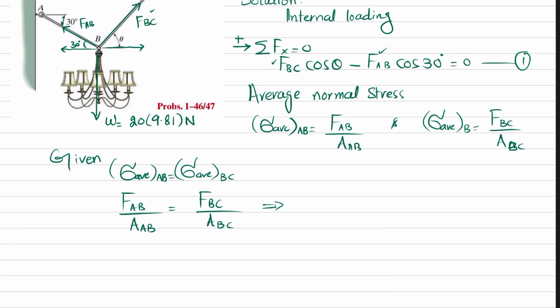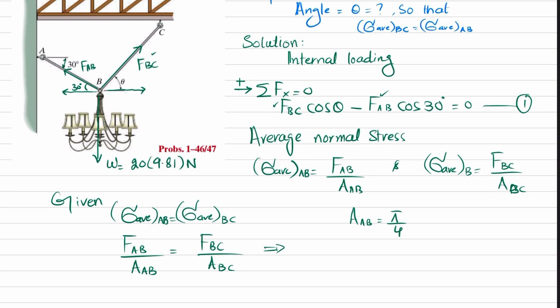Now you can put in the values of the areas. Area of AB is equal to pi by 4 D squared, and D of AB is 3 millimeter, so it is 0.003 squared, and that comes out to be 7.069 into 10 raised to the power minus 6 square meter.